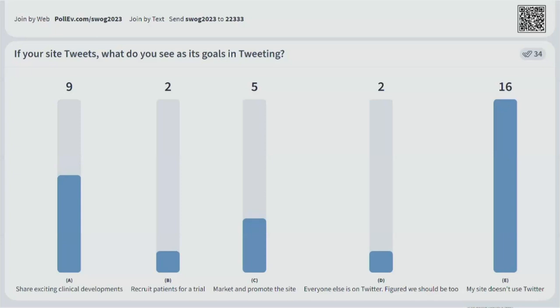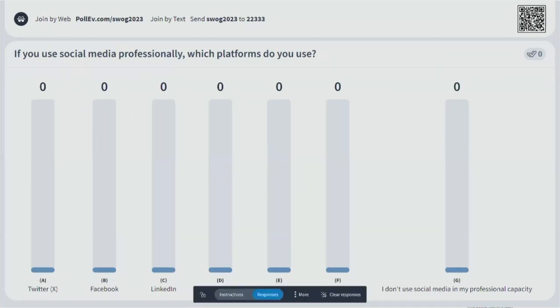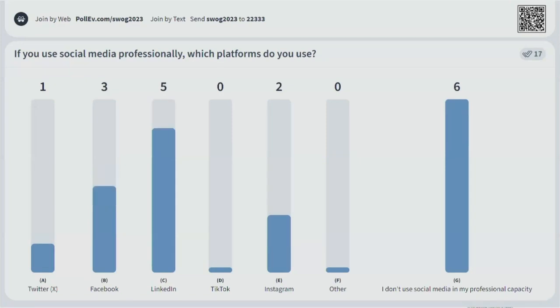Okay, we'll move on to the next question. The next two questions are about you yourself. If you use social media professionally, not to send pictures of your kids' games to grandma, which platforms do you use? And again, multiple answers are possible.